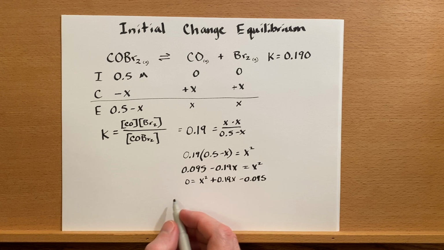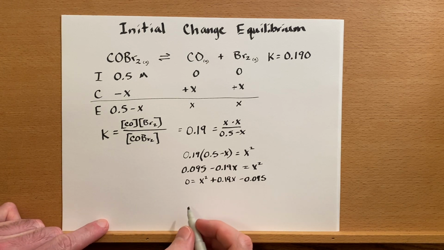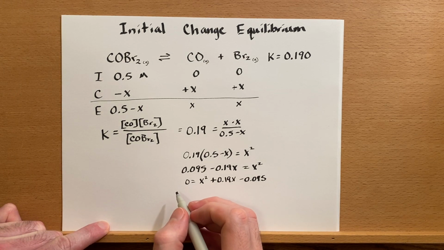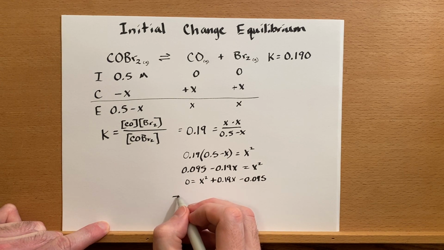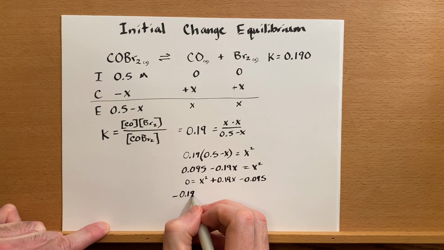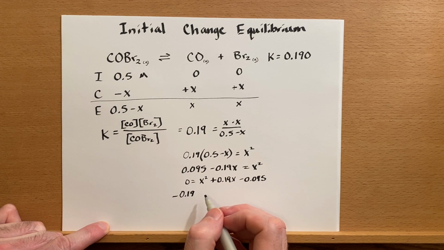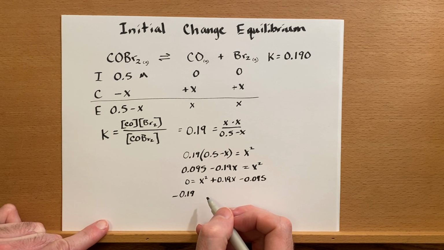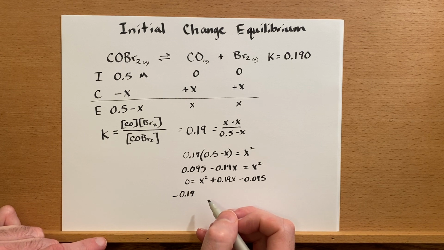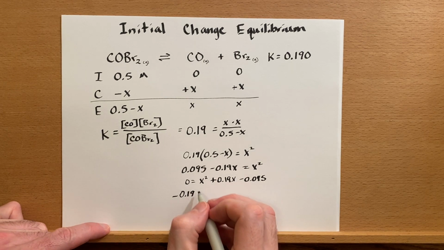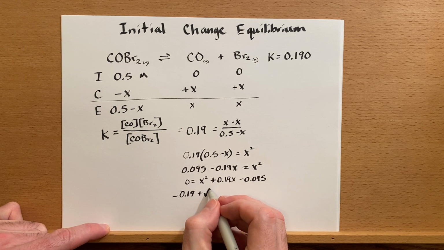Now this can go in our quadratic formula, and I'll just write that out quickly down here. Negative B. Now the formula says plus or minus, but if we put a minus in there, we're going to get a negative number out for concentration, and negative concentrations don't make sense, so we really only have to calculate the plus version of this.